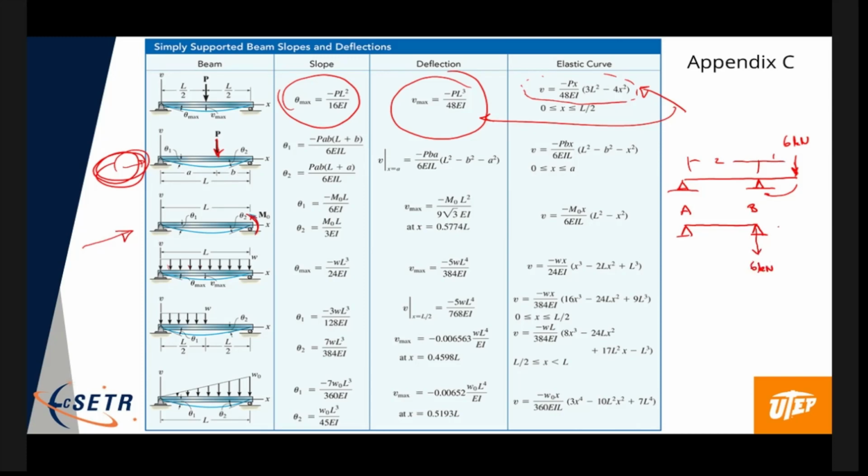But that really doesn't do anything because it goes right through the pin load, but it also has to add a bending moment here of 6 kilonewton meters. So now you can see that that case is exactly the same as this case here, right?